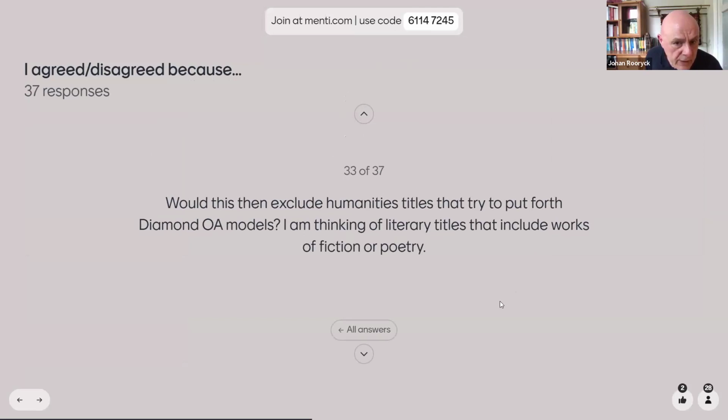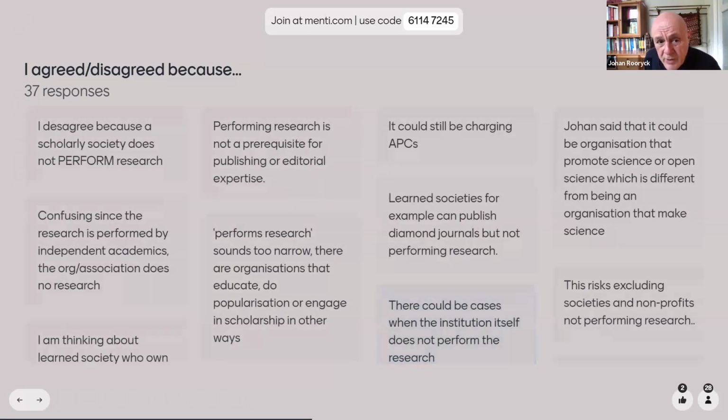As long as those works of fiction or poetry do not classify as scholarly research in my definition of scholarly research. But again, if these are properly peer reviewed, why not? If you can show that there has been a reviewing process, selecting those with arguments and so on and so forth, I could imagine that.